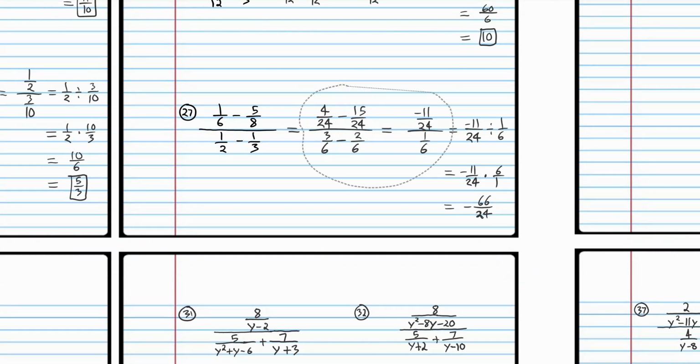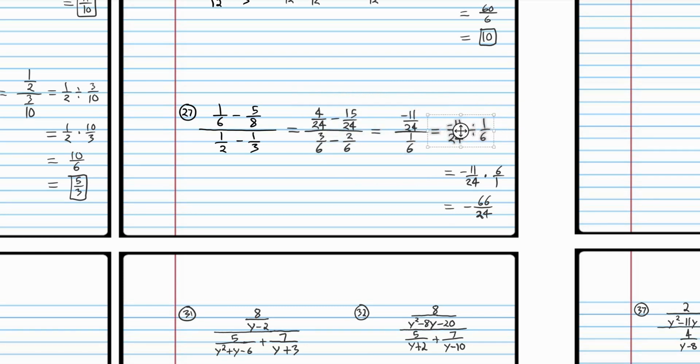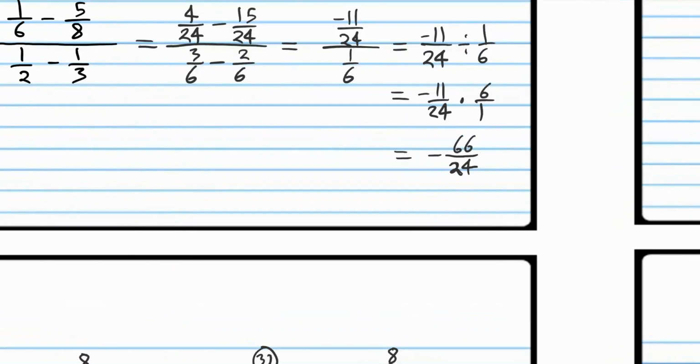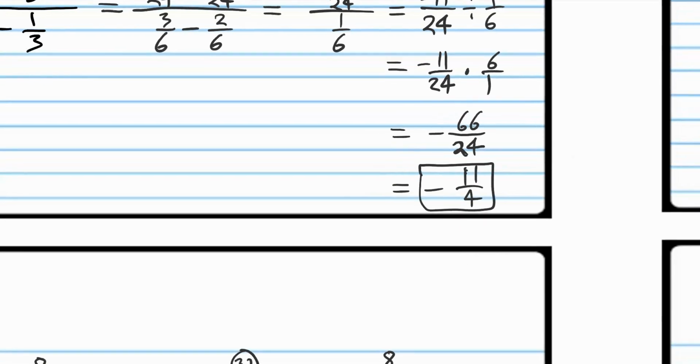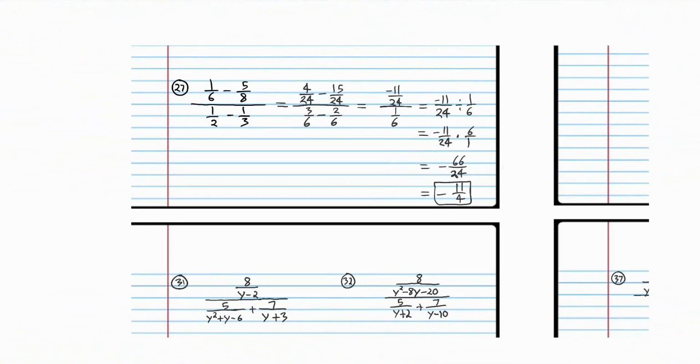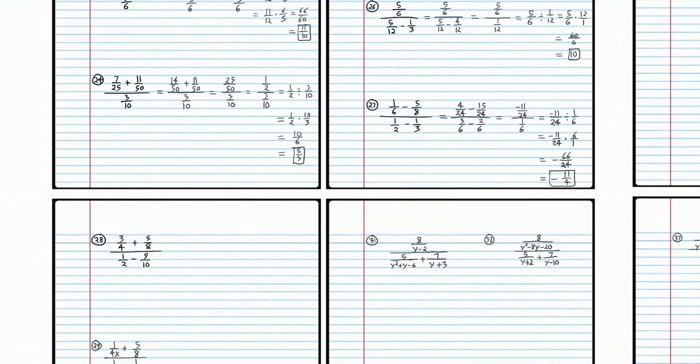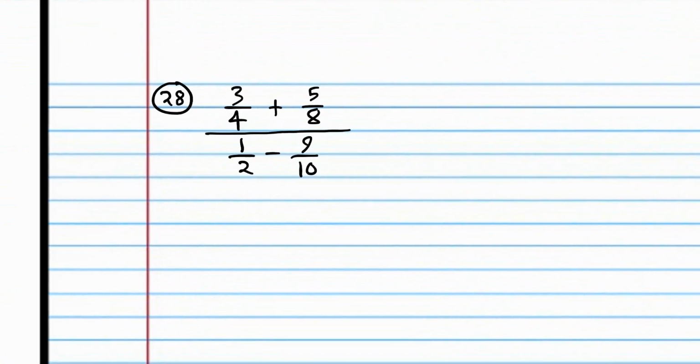Let's shrink this stuff a little bit. Whoops. So now we need to reduce this fraction. If we divide both sides by 6, then we have 11 over 4. So negative 11 over 4. So if you got that answer, good job. Try number 28. When you come back, we'll do it together.